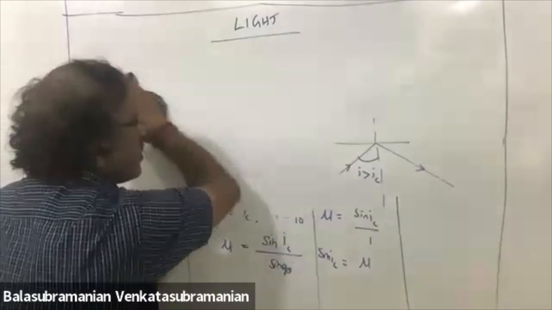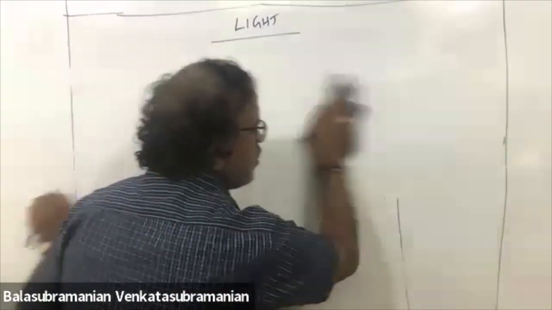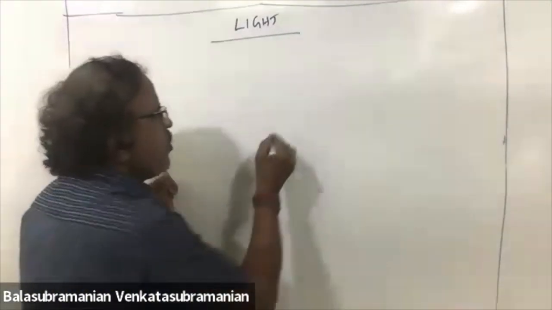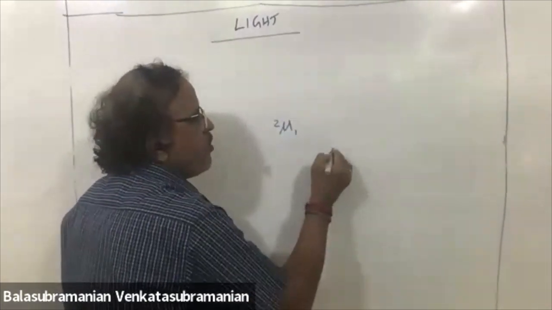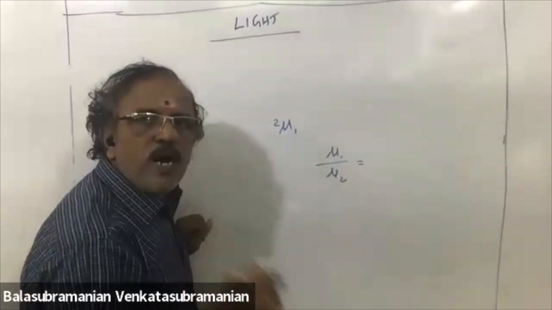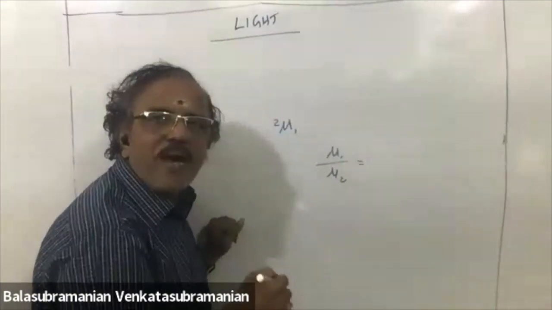Okay, next one. Sir, this mu, you can write it as second medium to first medium, mu1 by mu2. Mu1 is the first medium, the air medium.